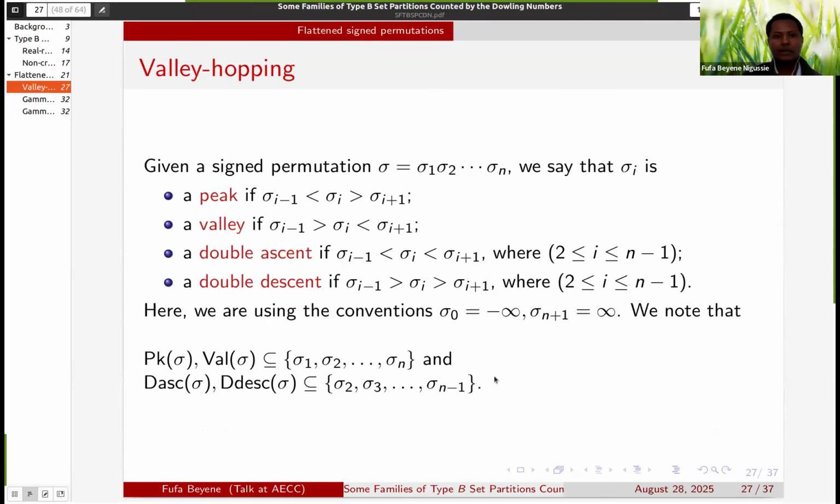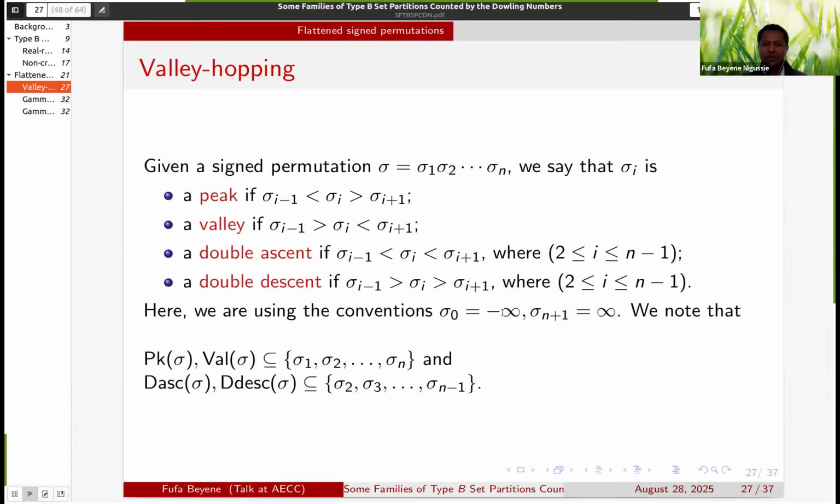Now let me take time to talk a bit about value hopping. For this, we need the following permutation statistics: peak, valley, double ascent, double descent. I hope the definitions are clear. We have a peak at sigma i if it is bigger than its neighbors, a valley if sigma i is less than its neighbors, a double ascent if we have 2 consecutive ascents, and a double descent if we have 2 consecutive descents.